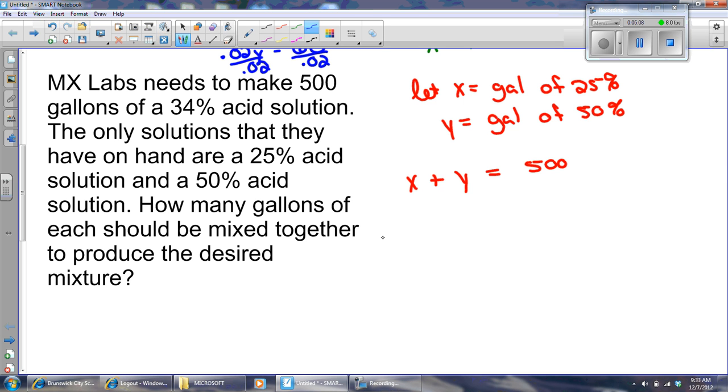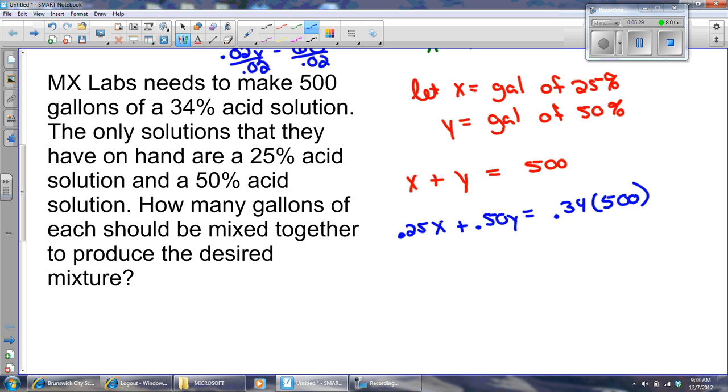Well, for my second equation, I need the amount of acid. I'll get 0.25, 25% of x, plus 50% of y, and that's going to equal 0.34 times the 500.